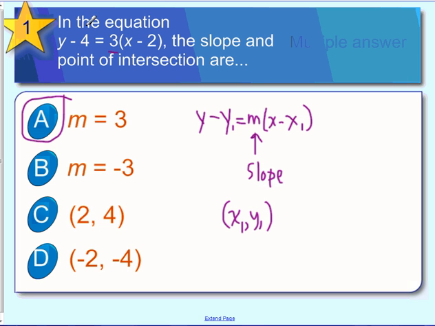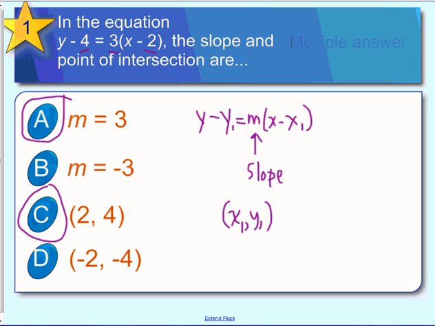Now, what you need to notice is that in my original equation, we are subtracting the numbers, which means that we are not talking a negative 2 and a negative 4. We're just talking a 2 and a 4 because of the subtraction signs that are in the original one. So our answer, our point of intersection, would be 2, 4. Okay?